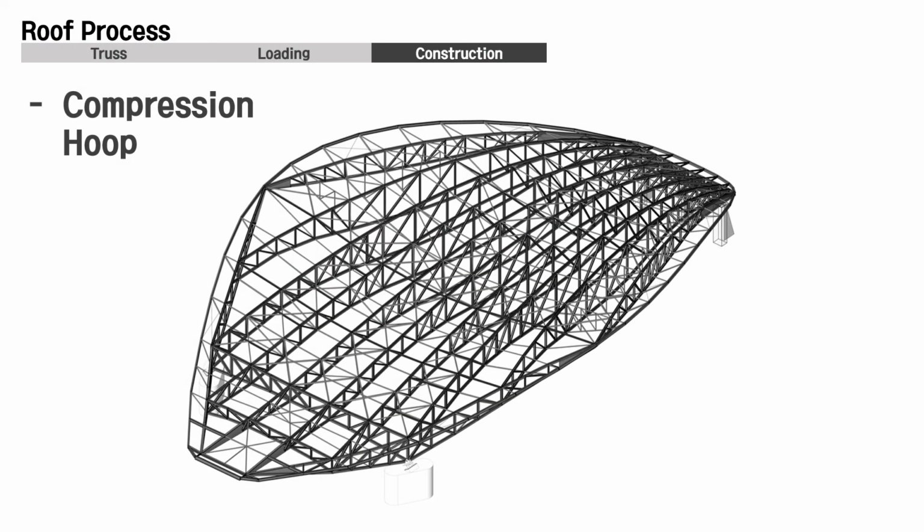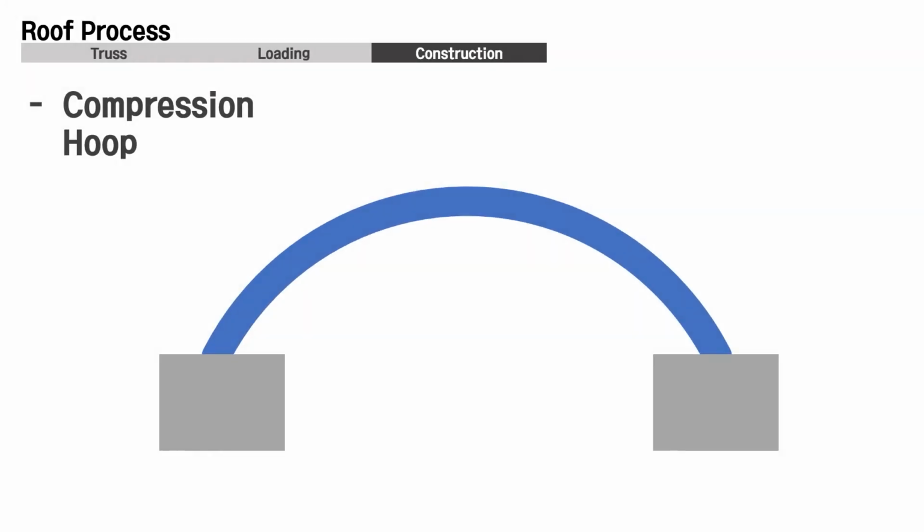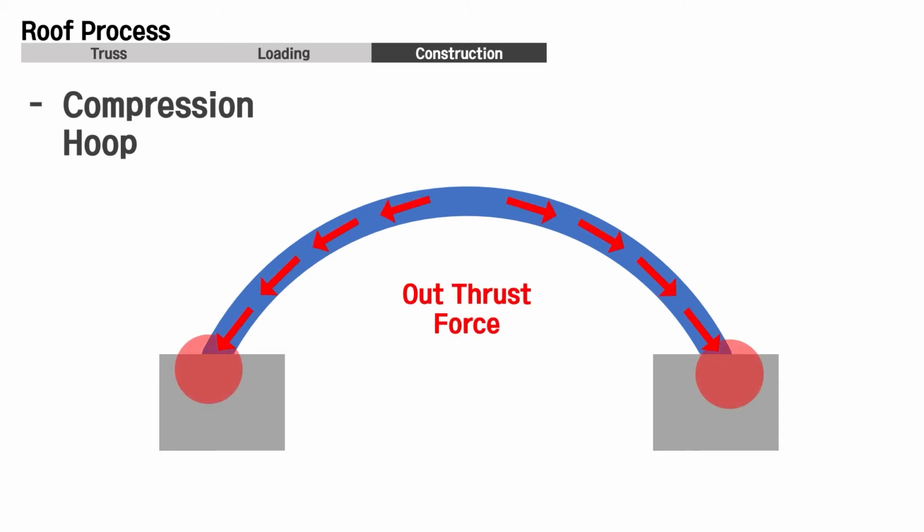And the other supplementary method is the compression hoop. The side parts of the roof are arch shaped because the roof goes up on both sides. In general, the arch structure transmits the self-load to the bottom. Therefore, an outthrust force occurs at the supports, and it could be a problem for safety.